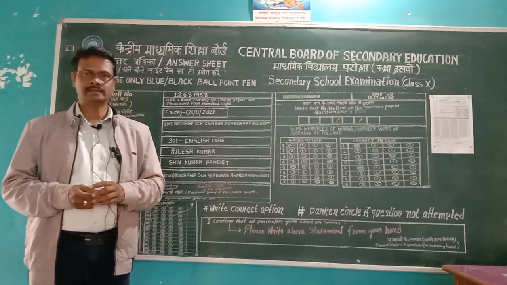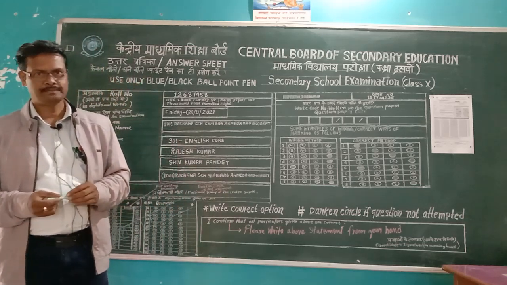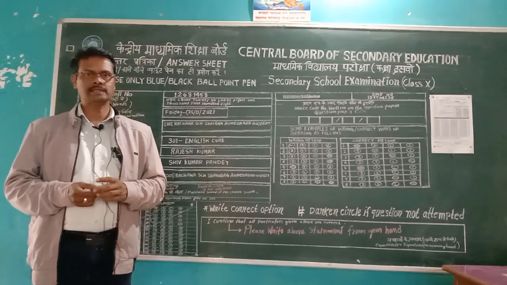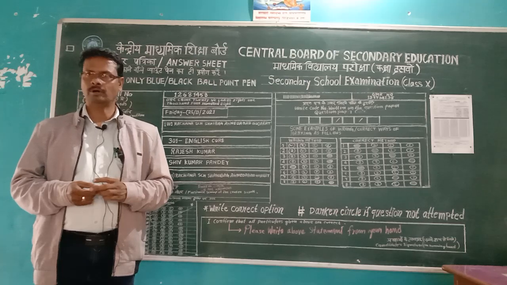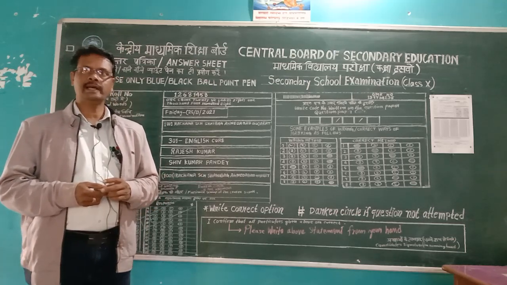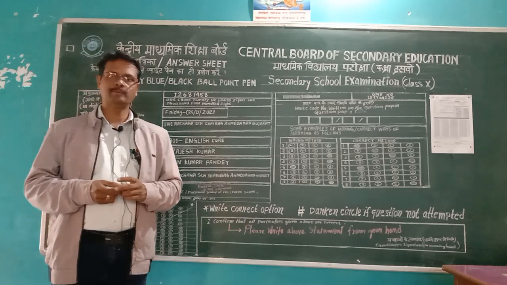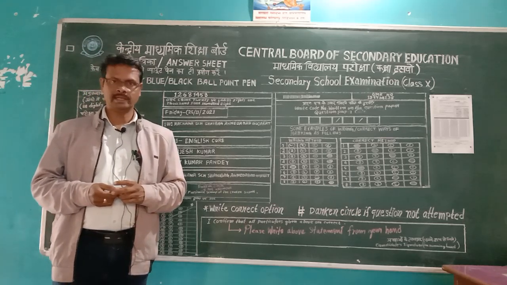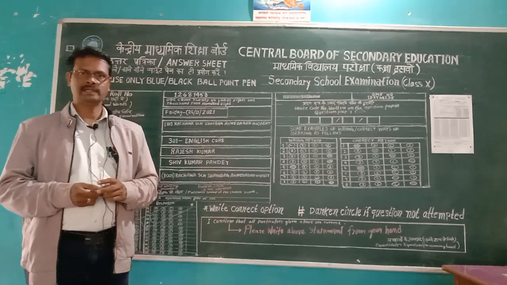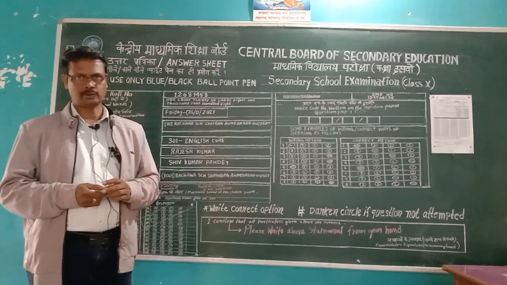As soon as the candidate enters the examination room, the assistant superintendent will verify the roll number and guide the candidate to occupy the seat. As per the seating arrangement, maximum 12 candidates will sit in an examination room, and the assistant superintendent will sit behind all the students.